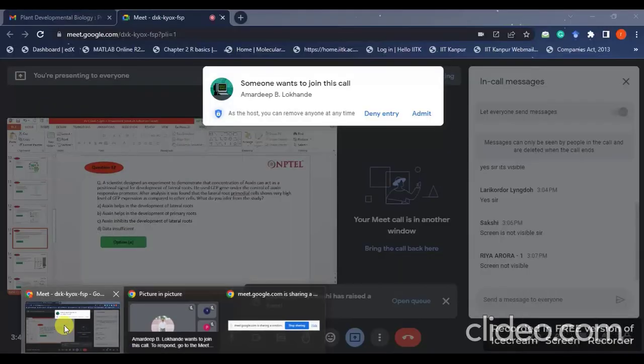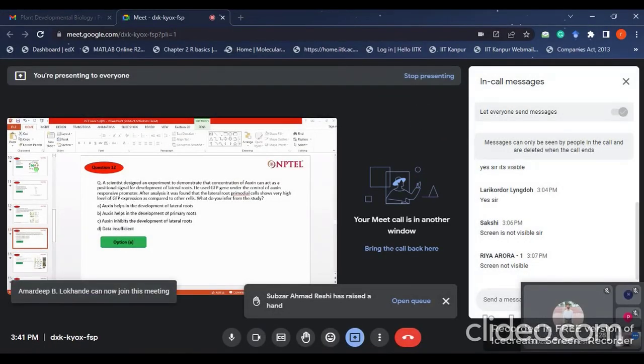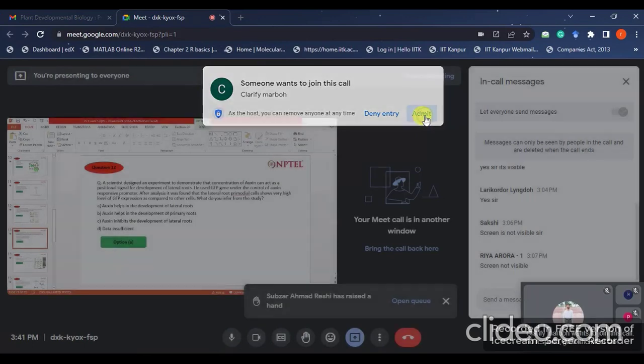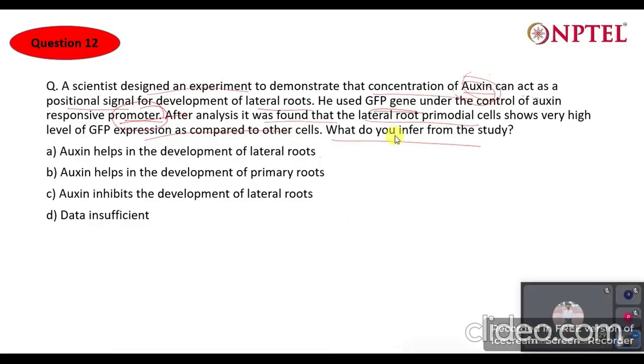So going back to the question, if we have a cell in which we have inserted an auxin responsive promoter, and it controls the expression of a GFP gene, and if this cell has auxin, then only GFP will be produced and it will show green light in this cell.